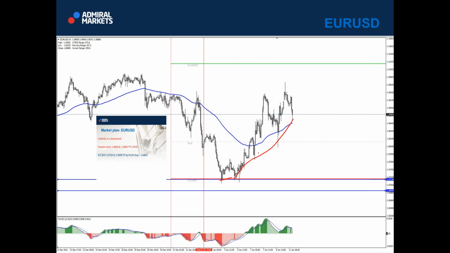Exactly at 0.720. I also put it on Admiral Markets, if you remember, guys. I think you remember my analysis where I said, pay attention to 0.720, because if the price gets there, it could be bought.